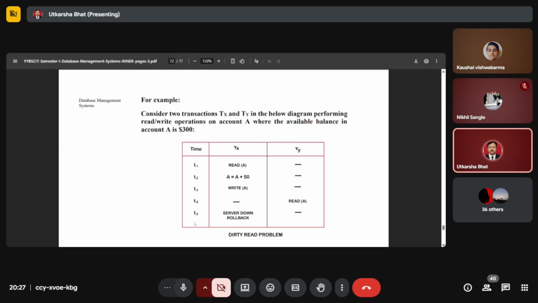Again here, T1, T2, up to T5 are the transactions, and Tx and Ty are also transactions.